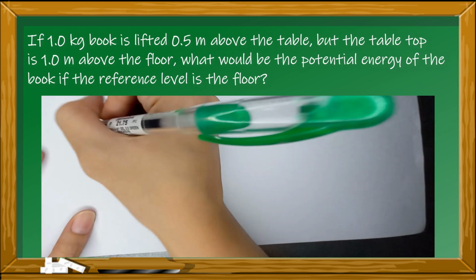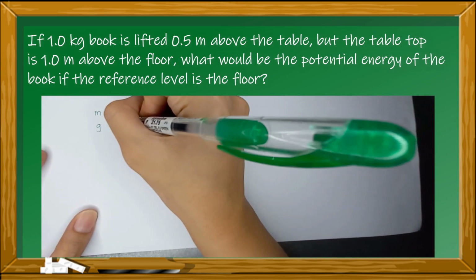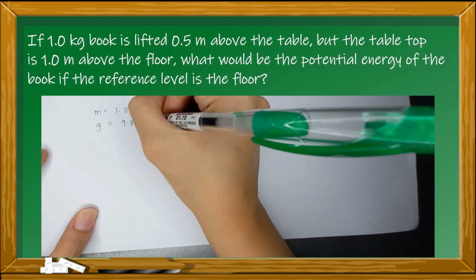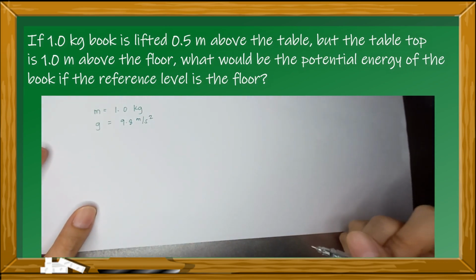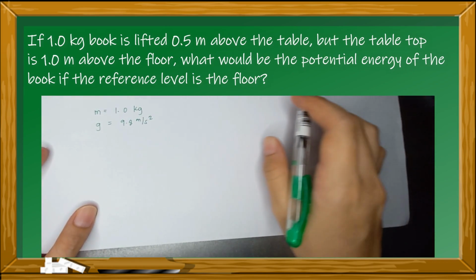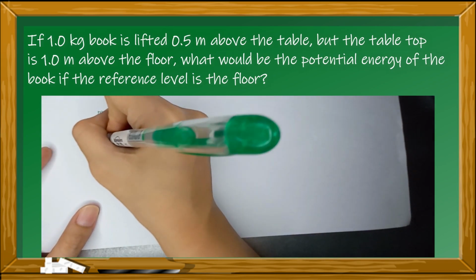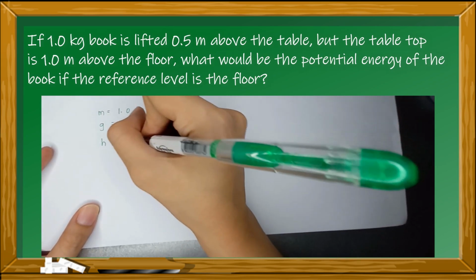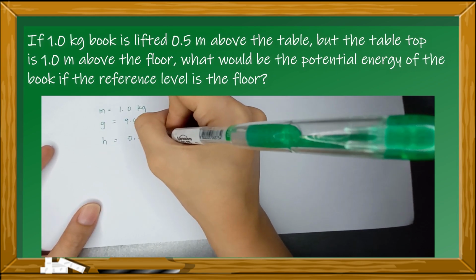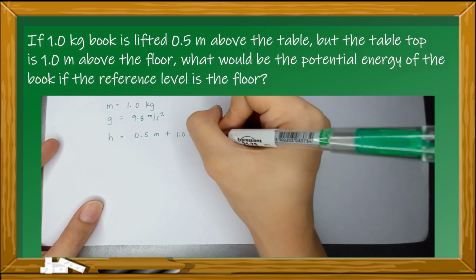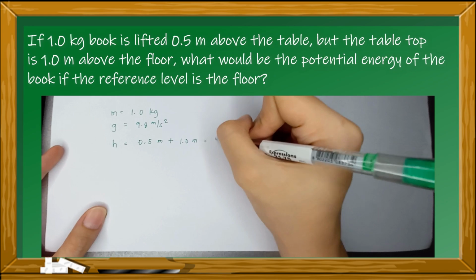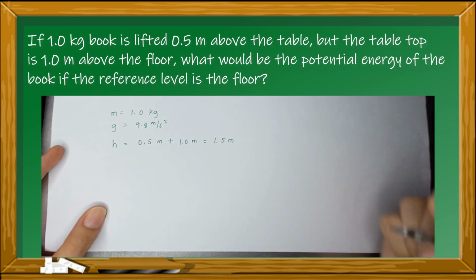And then let's write the constant value of acceleration due to gravity, which is 9.8 meter per second squared. And then, let's solve the total height. 0.5 meter plus 1 meter is equal to 1.5 meter.